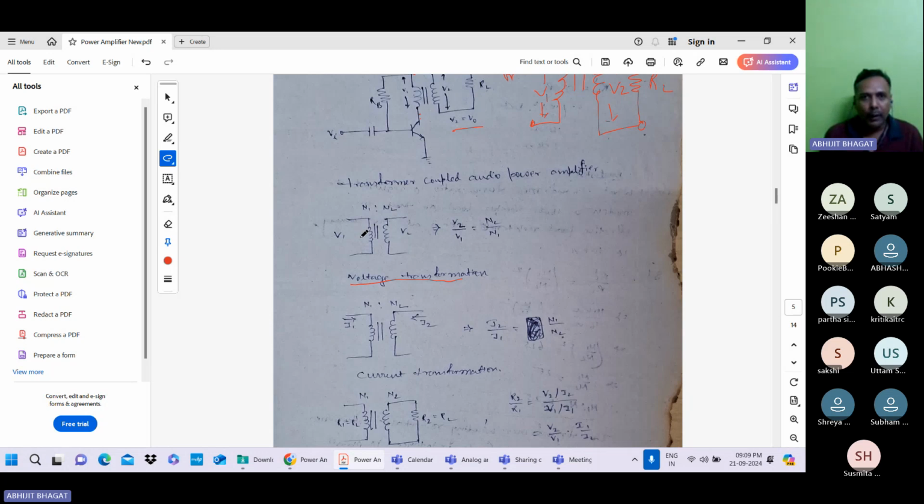V1 is the voltage across the primary side and V2 is the voltage across the secondary side. Then the relationship between input and output voltage is equal to the turns ratio. So V2 by V1 equals N2 by N1, where N2 is the number of turns of the secondary side and N1 is the number of turns of the primary side.